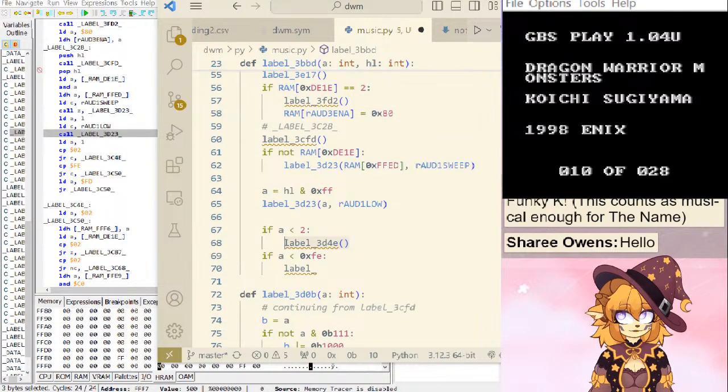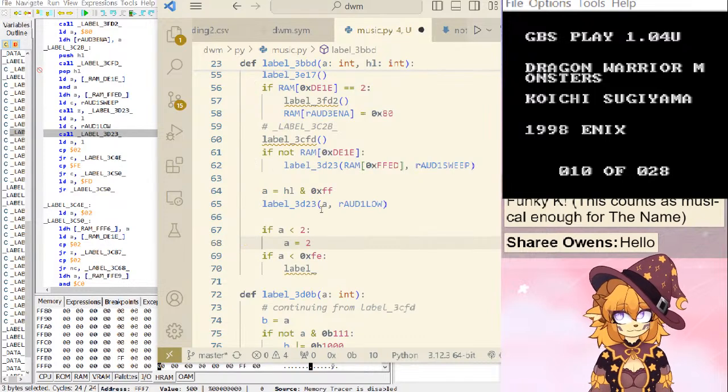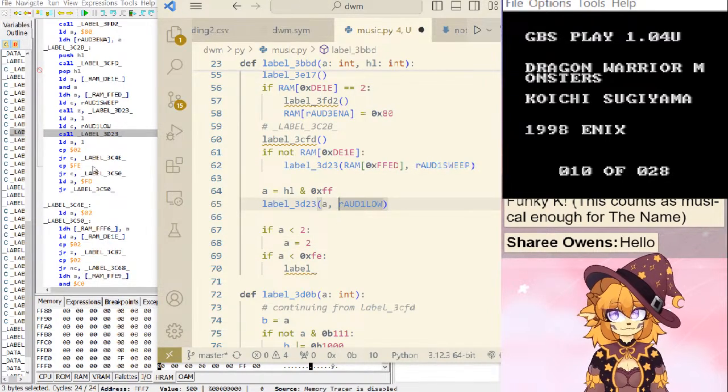Okay, so rather than that, we need to say A equals 2 if it's less than 2.